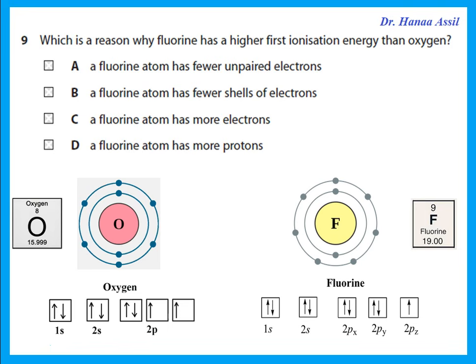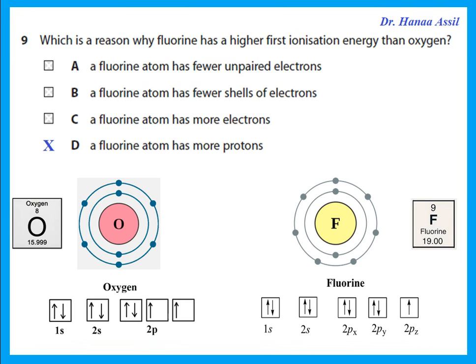Well, we are supposed to remove the outermost electron. Higher first ionization energy means it is more difficult to remove it, and this is because the fluorine has more protons in the nucleus. Remember that oxygen has 8 electrons, so it has 8 protons attracting these electrons. Fluorine has 9 protons attracting these 9 electrons.